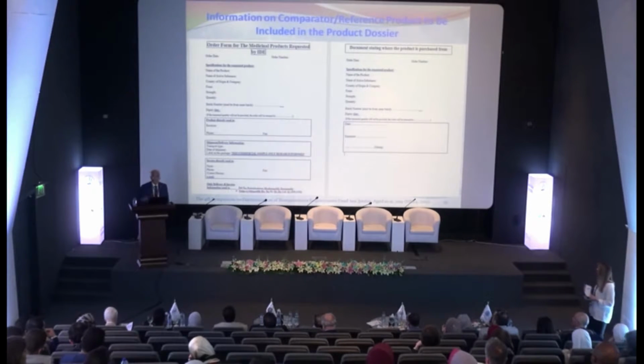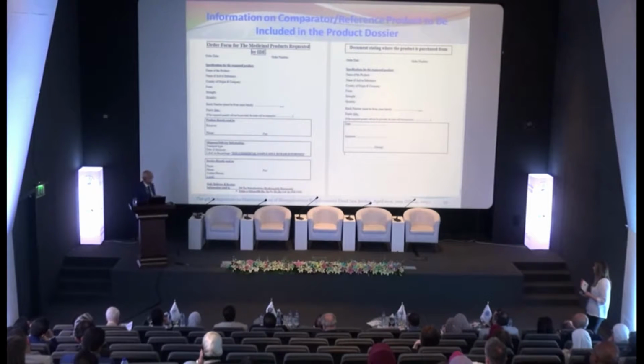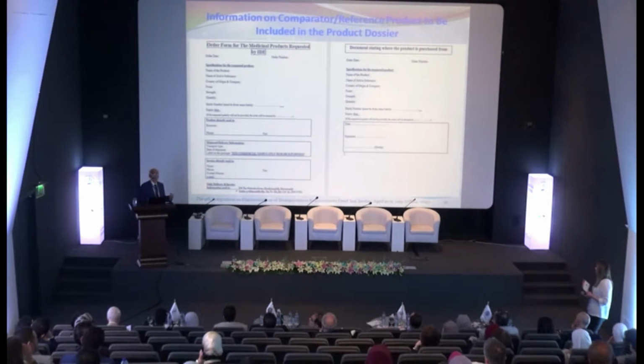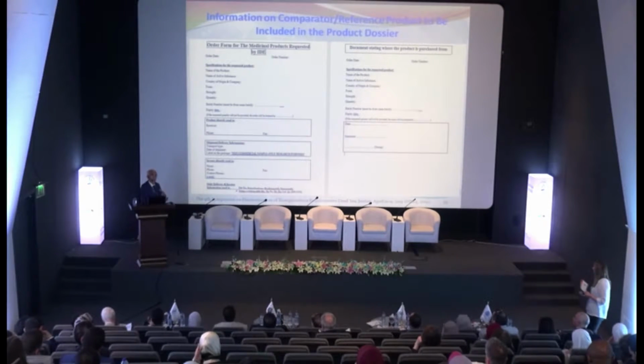And now, some of the examples were not accepted. Why? First of all, if you are buying a reference product for your company from outside of the country, you must get the information on a document with the signature of the pharmacy or wholesaling pharmacy company.